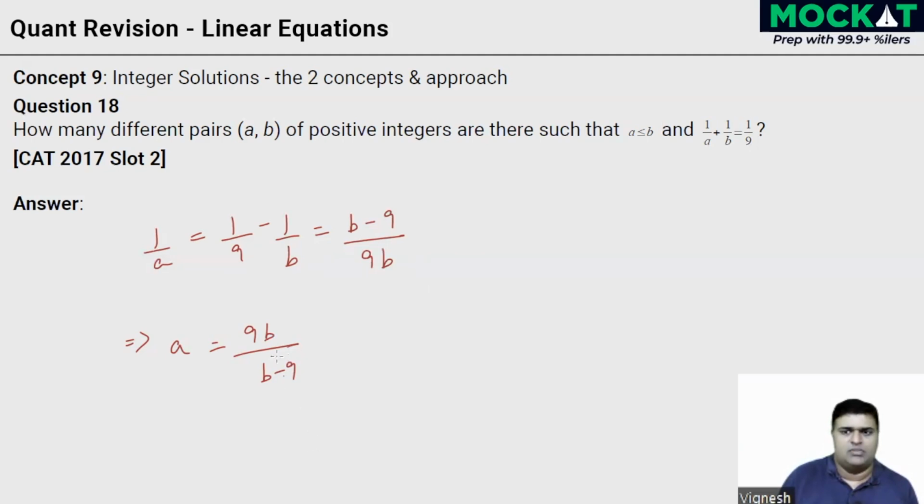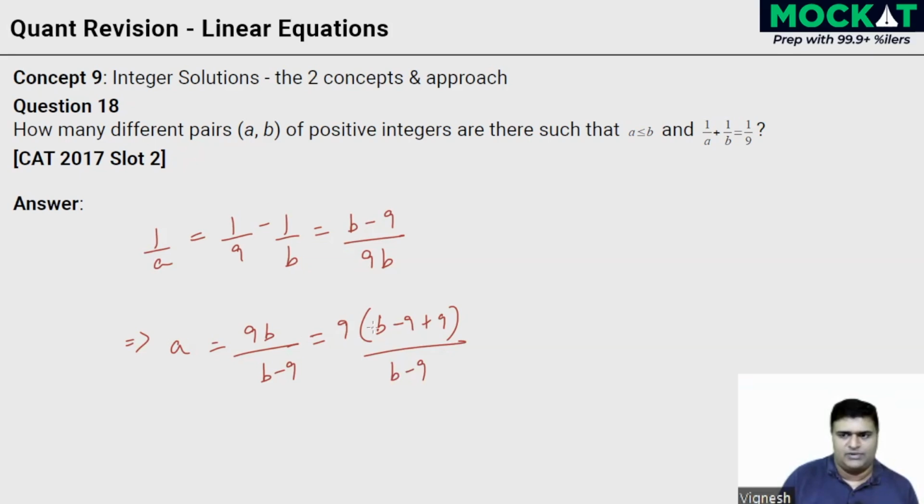How do I get rid of the variable in the numerator? In the denominator I can't, but that I can if I write it this way. This is equal to 9 times B minus 9 plus 9, divided by B minus 9.